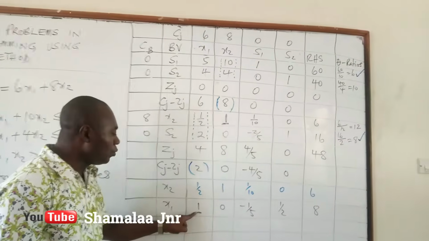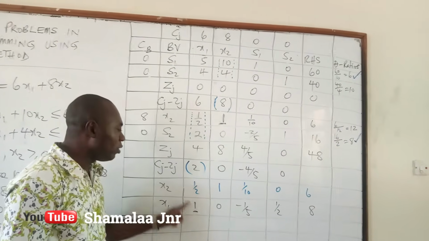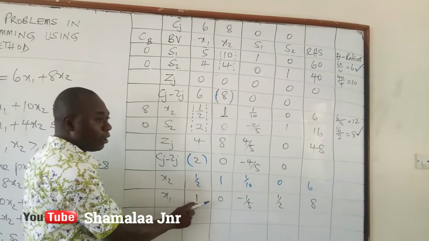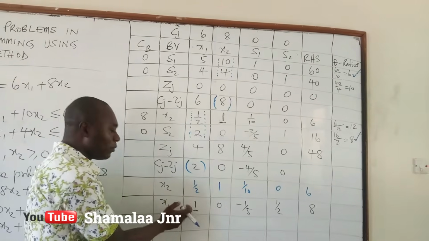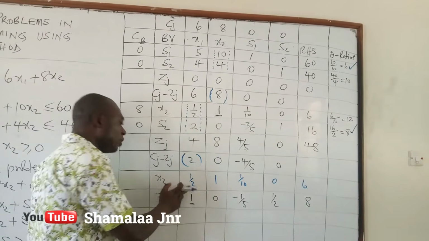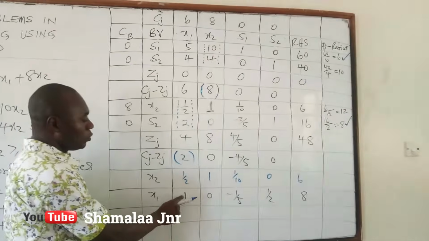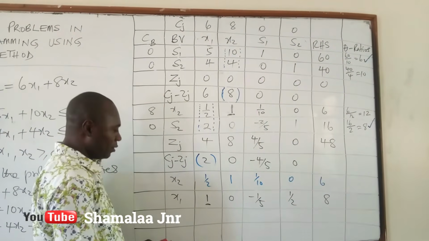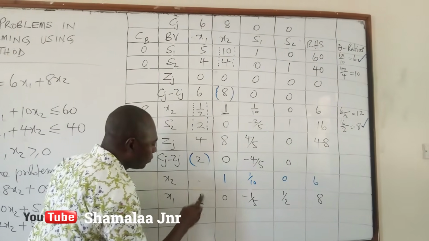So how do you use 1 to change 1 over 2 to 0? What you can do is multiply 1 by 1 over 2, that is half, and subtract from this. You do something to the newborn baby to change those who are already in the system. So 1 times half, then subtract from this. This one will give us 0.